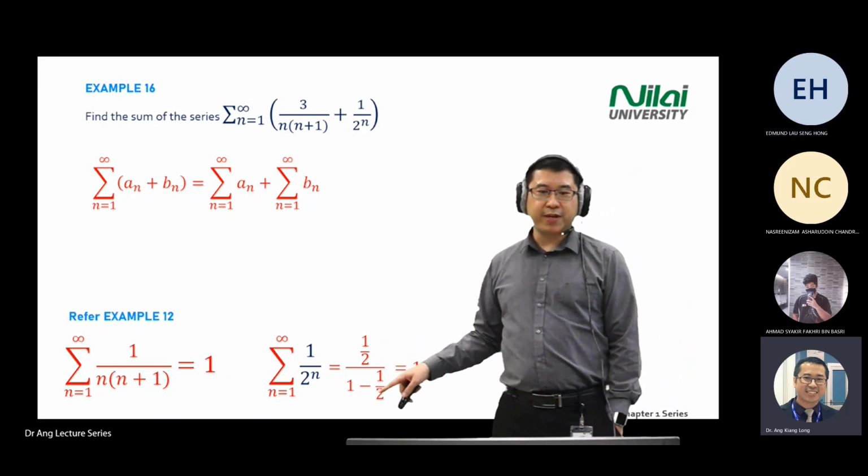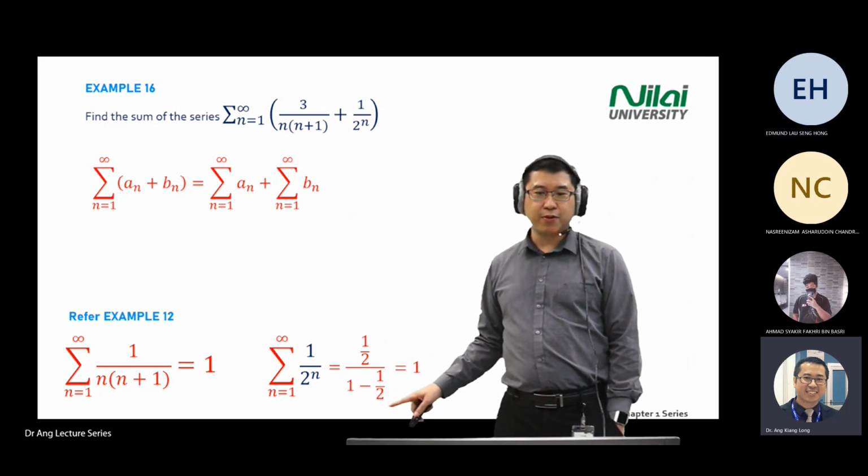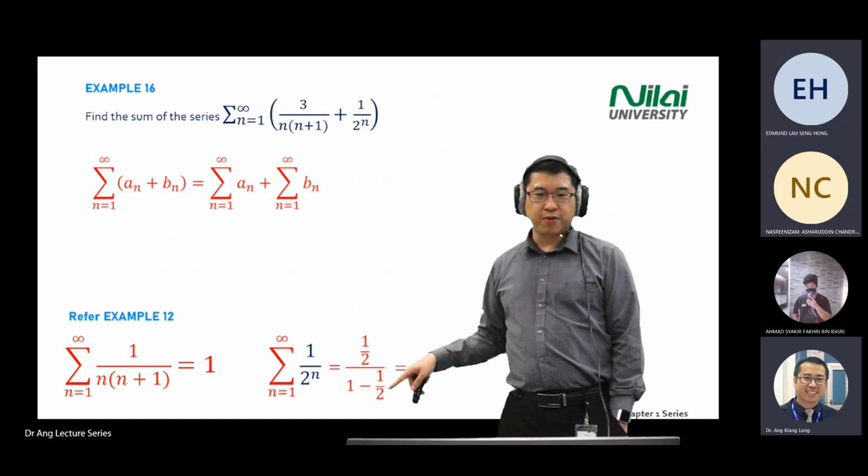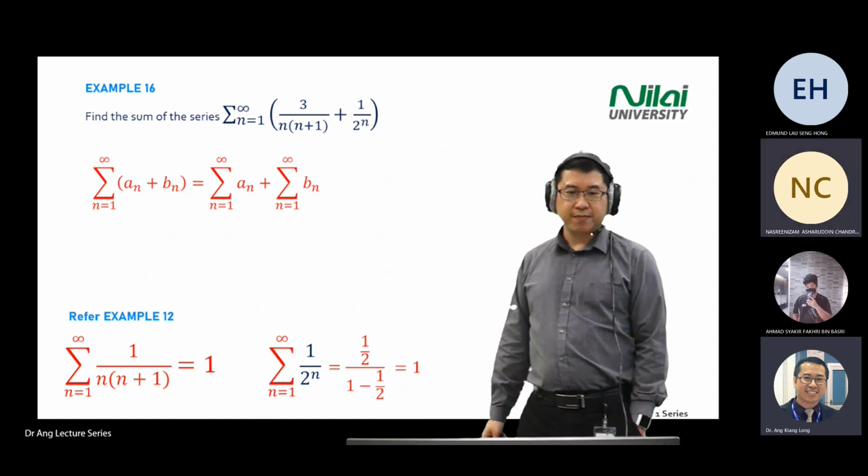You get 0.5 divided by 0.5, since 1 minus 1/2 is 0.5. 0.5 over 0.5, you get 1.